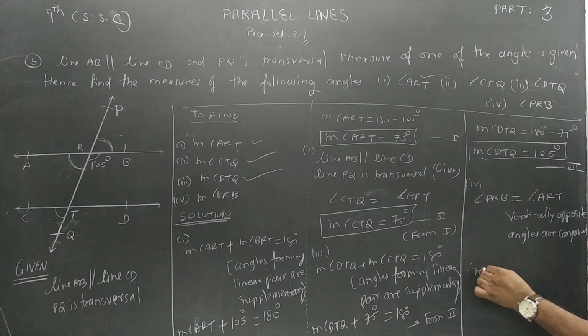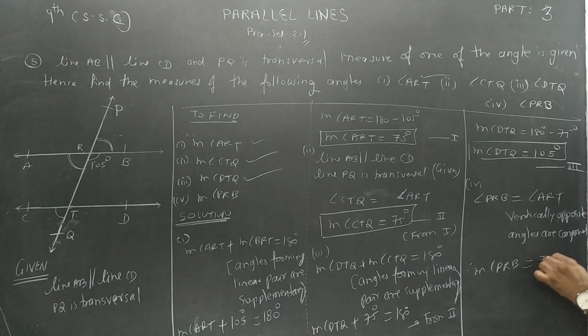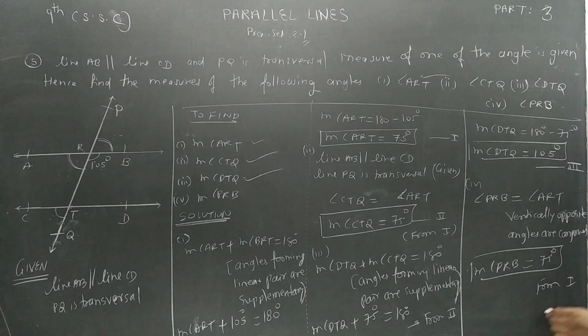Therefore, measure of angle PRB is equal to ART, which is how much? 75 degrees. And here we are going to write from 1.